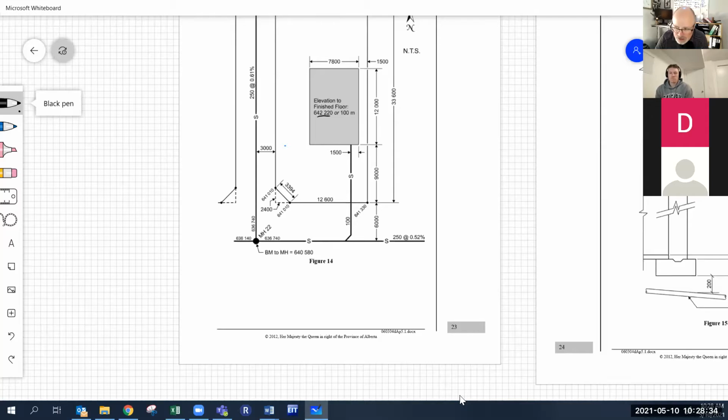Okay. So how much higher or lower is the grade at the side of the house where the building sewer exits at the southeast corner of the lot? Is it higher or lower? And by how much? So take your time, try to figure out that question.